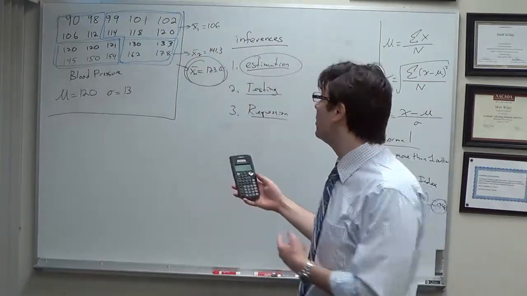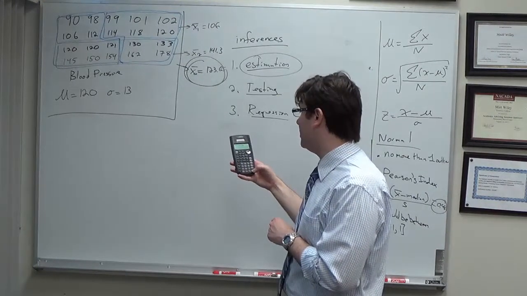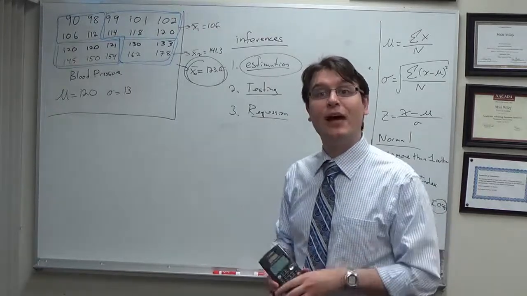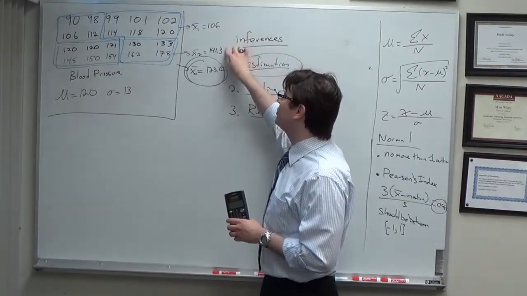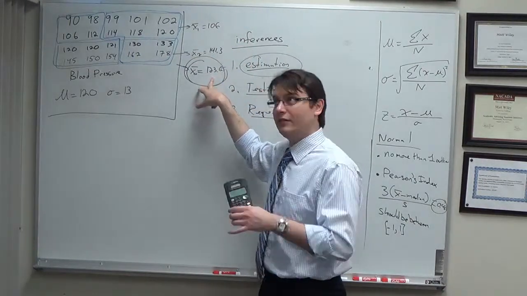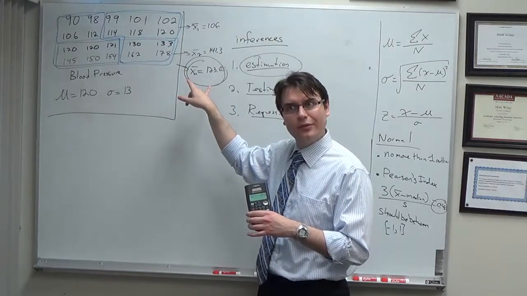But look at something cool. If I take 106 plus 141.3 and divide that number by 2, I get 123.65. The average of the averages is the same as the average of all the data points together.